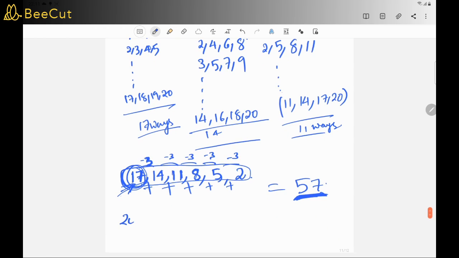So there are 20 terms. We have to select 4, and this 4 will have a gap of 1. So this is how this 17 is evolved. Now once we know 17, we can easily get the rest of the series, and we can solve this question. Thank you for listening.